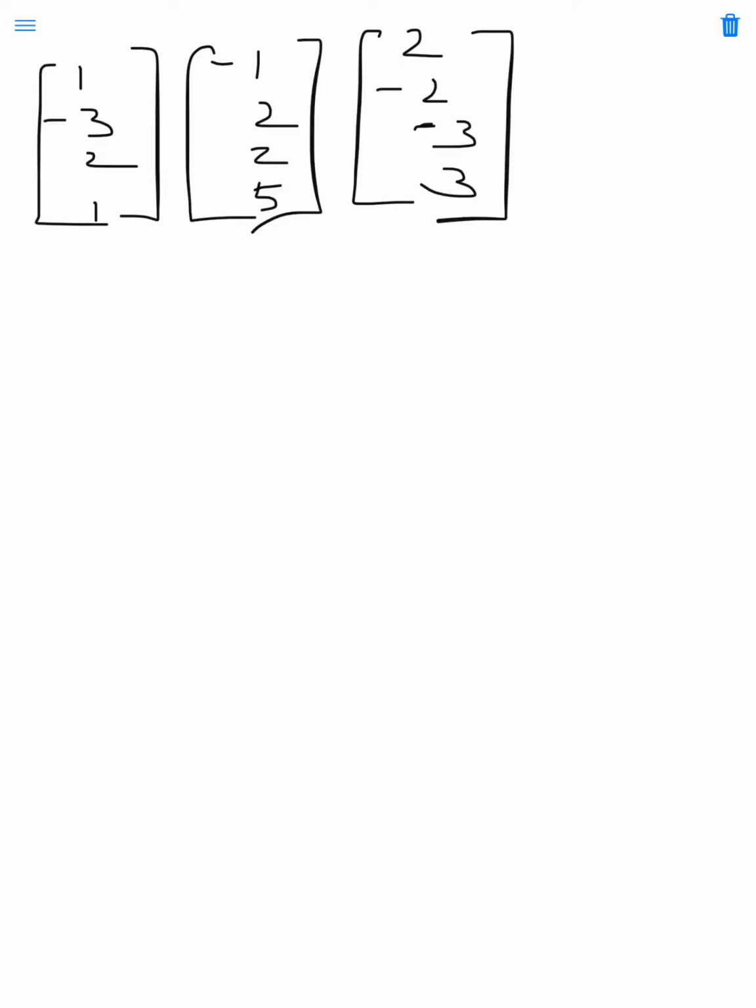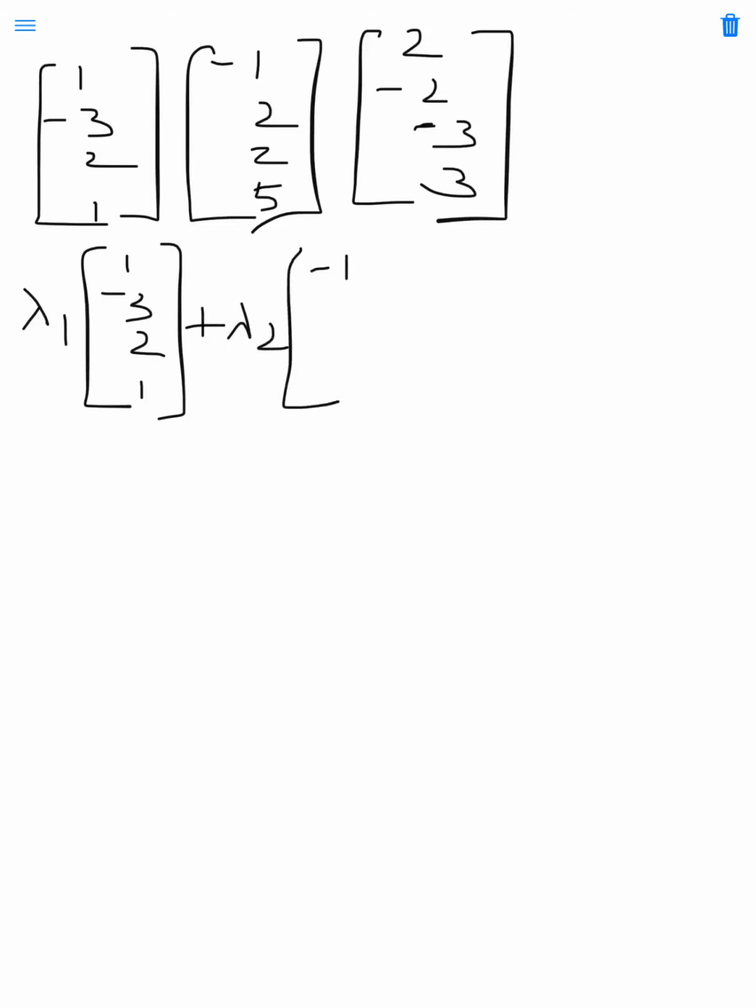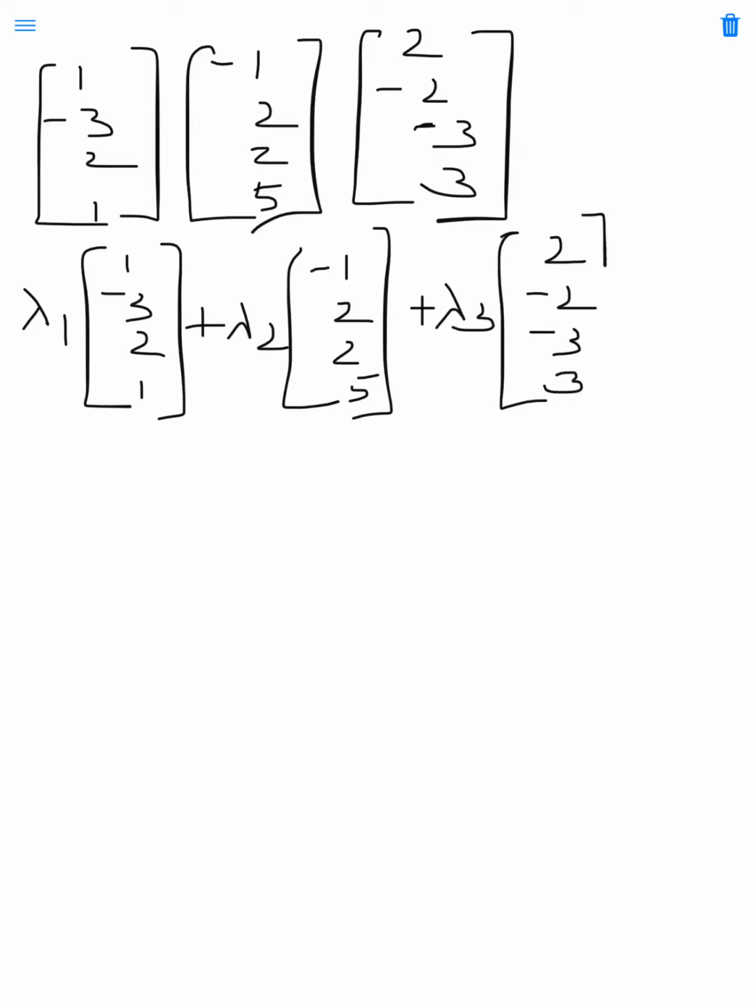So the linear combination will be like lambda 1 vector 1, 1 minus 3 2 1, plus lambda 2 vector 2, minus 1 2 2 5, plus lambda 3 vector 3, 2 minus 2 minus 3 3, will be equal to a 0 vector.